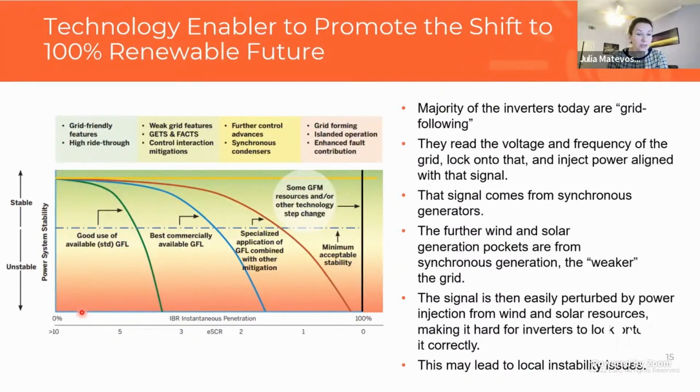Then gradually, as we started getting more and more inverter-based resources, that was not allowed anymore, and they had to support the grid with some kind of grid-friendly features. One of the first ones was ride-through capability. If a disturbance is happening on the grid, an inverter-based resource has to stay connected and support the grid recovery. And as we started getting to maybe around 50%, inverters in those weak grid areas were required to have specific controls, which are called weak grid features.